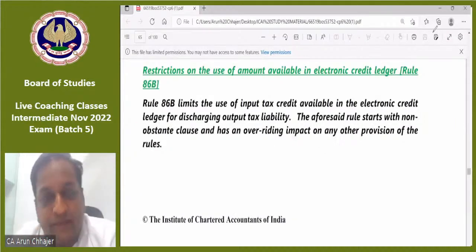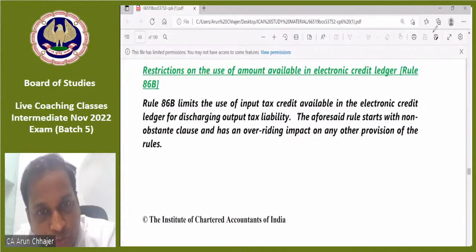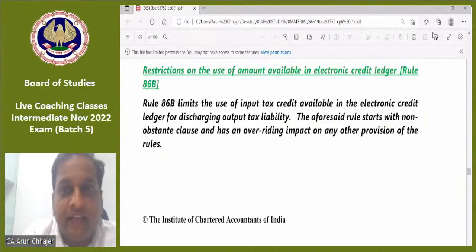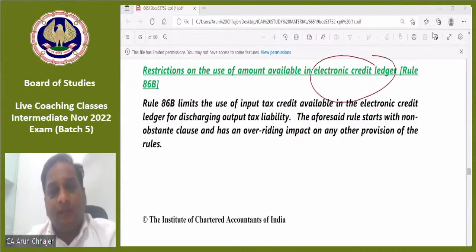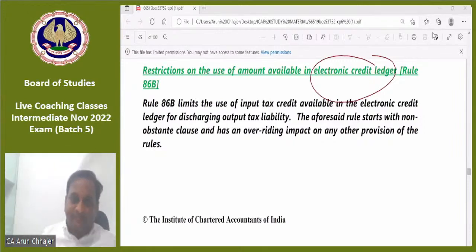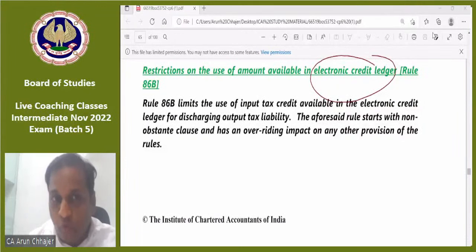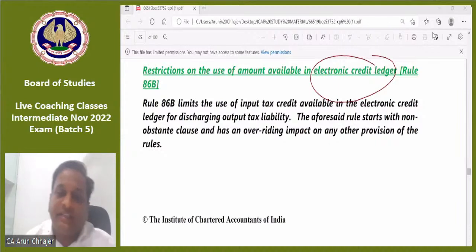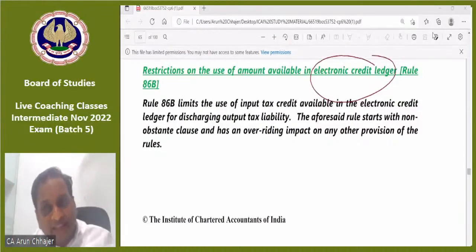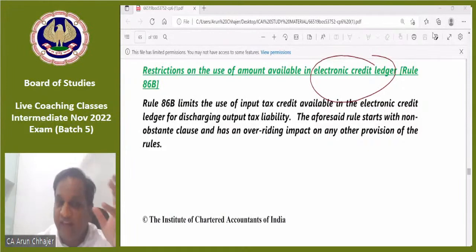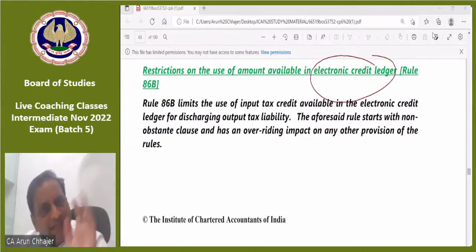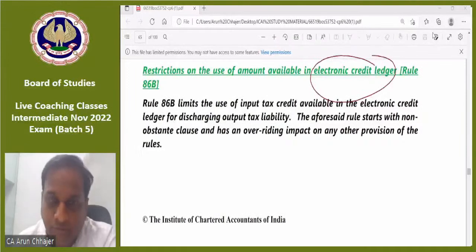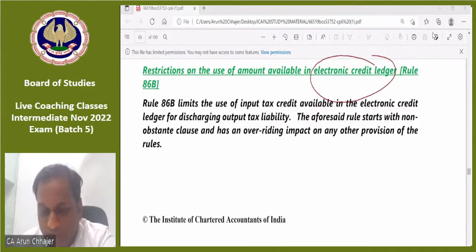Next is 86B, restriction on the use of amount available in the electronic credit ledger. 99% plus 1%. This rule is saying restriction on the use of amount available in the credit ledger. Normally, whatever liability I have, I can use my ITC for discharging the liability, whatever we have discussed in 49A, 49B, 88A.